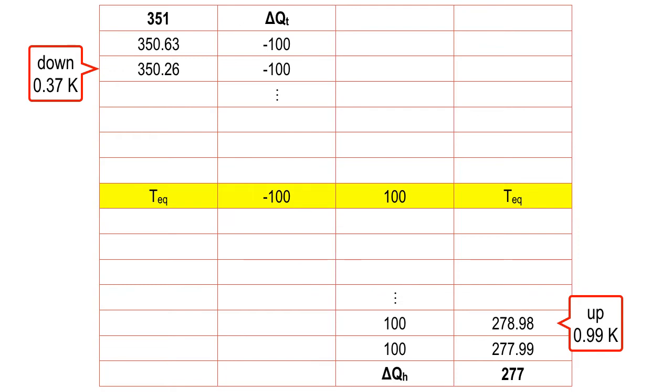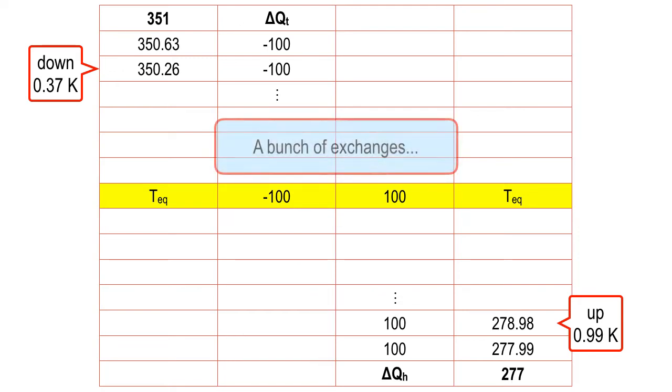Time is flowing from the top downward on the left side, so time flows this way to equilibrium. And over here on the right side, time flows upward. Nature doesn't do it the other way. Energy doesn't flow from the cold one into the hot one. It only flows from the hot one into the cold one.